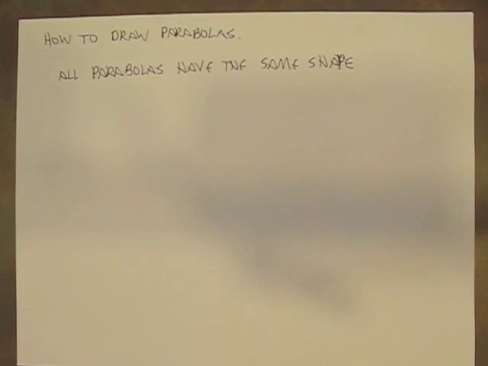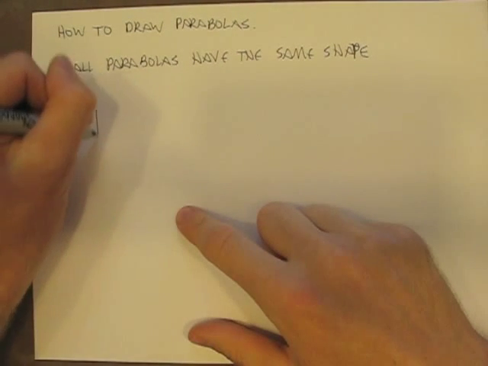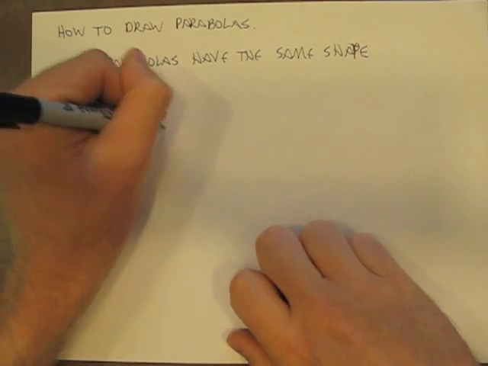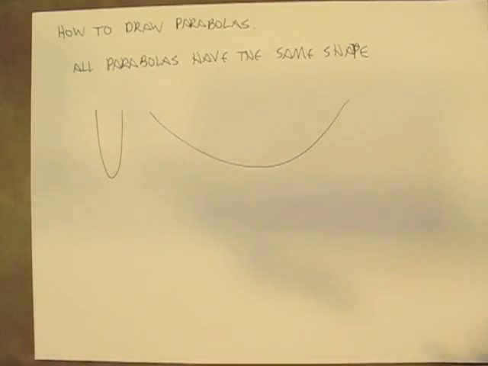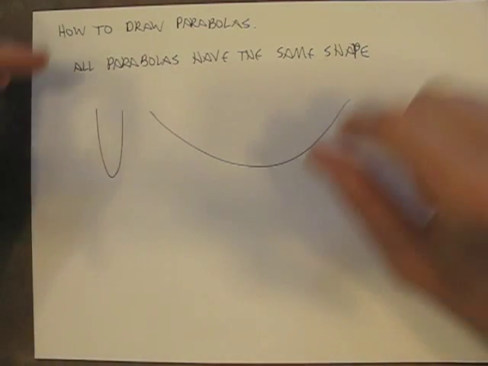I think you can buy that all circles have the same shape. People have a harder time believing that all parabolas have the same shape, but they do. People will say, no, but there's parabolas that look like that, and there's parabolas that look like that. But they're actually all the same shape.